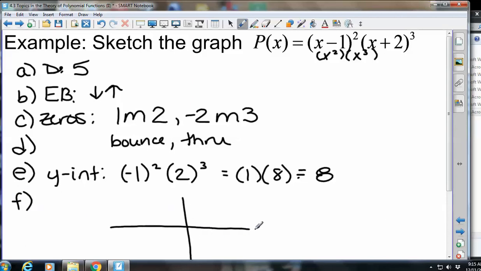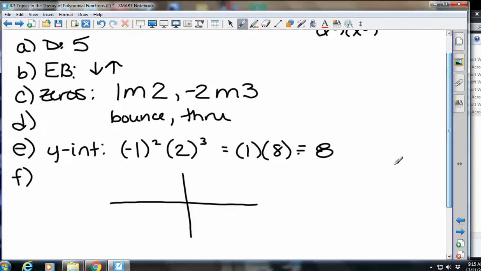So now we can graph. Gonna touch my y-axis at 8. I'm just gonna count by 2's there. My x-axis at negative 2, positive 1. My end behavior is down, up, so we're going to be starting down here.